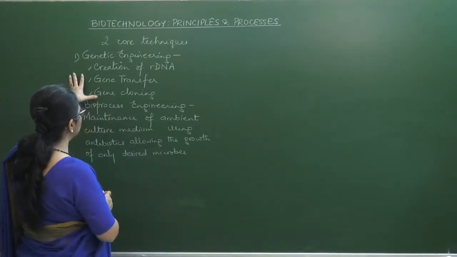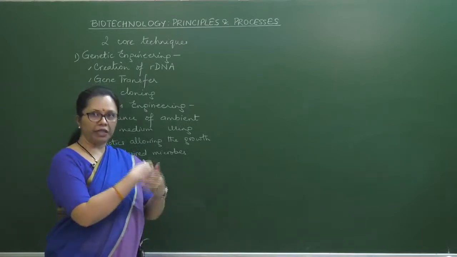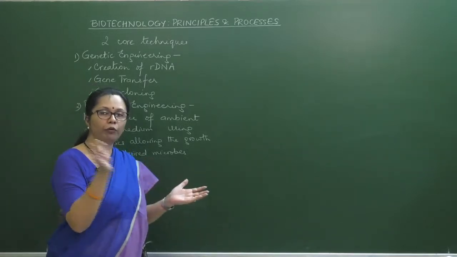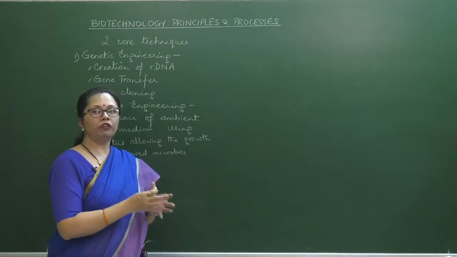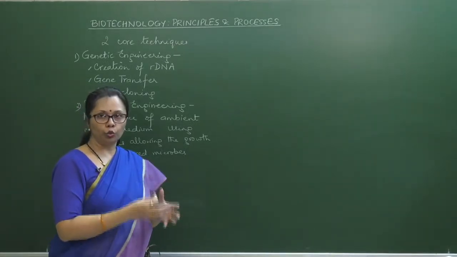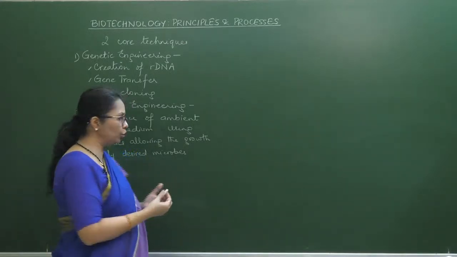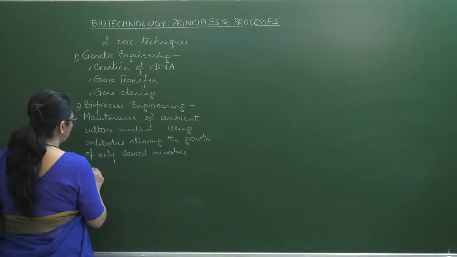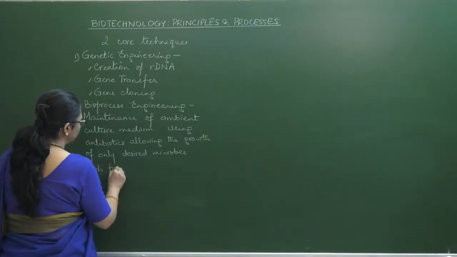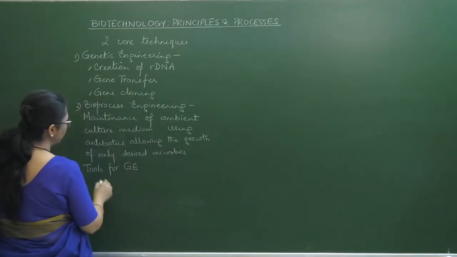Now coming to the first one, where we have to change the DNA, the entire DNA which is having a number of genes in it. So when we want to manipulate the DNA, we would be requiring certain tools. So the entire process of genetic engineering requires tools. So tools for genetic engineering we can just write in short as GE.